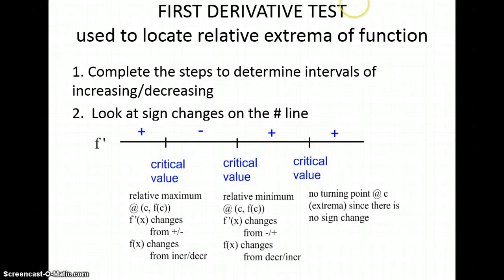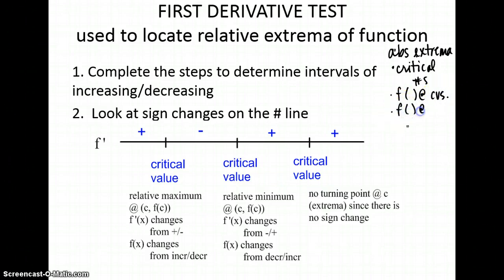Okay, so the first derivative test is used to locate the relative extrema of a function. So recall your absolute extrema: find your critical numbers, evaluate the function at the critical values, evaluate the function at the endpoints, and then draw your conclusion.